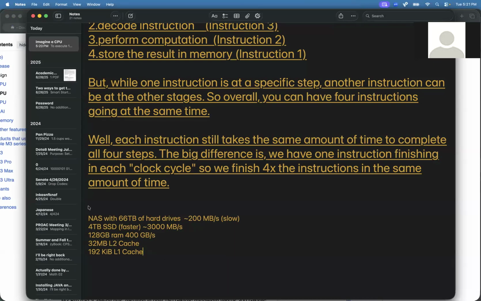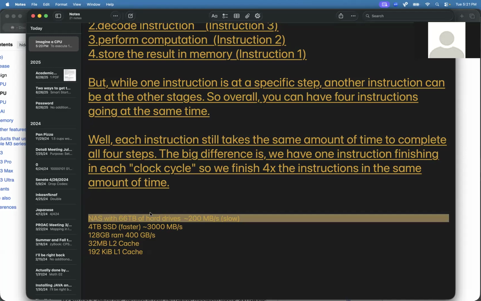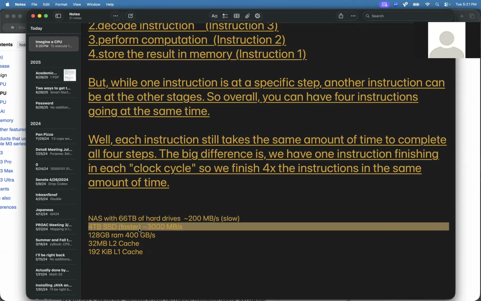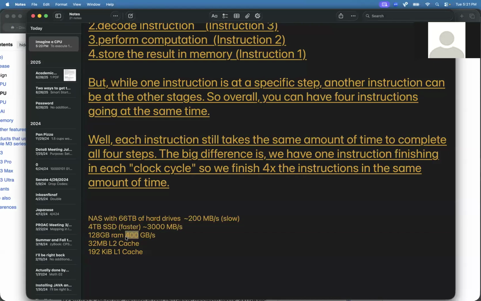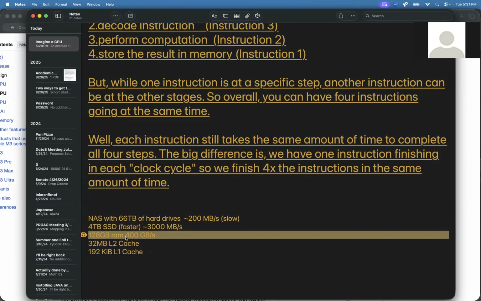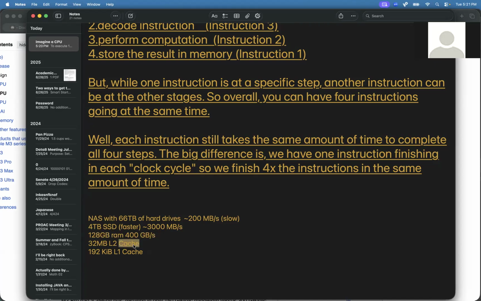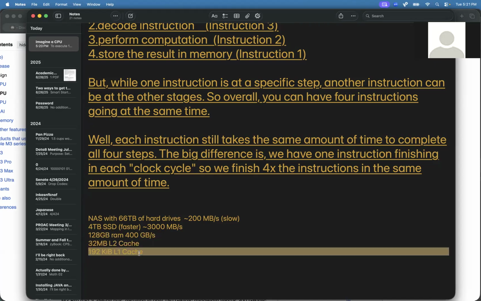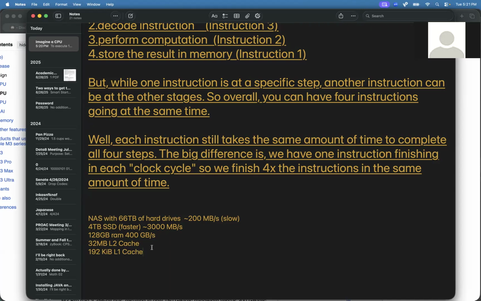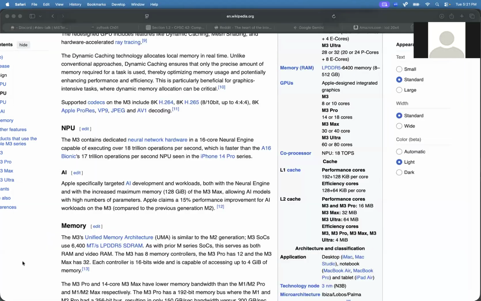The idea is that the biggest storage I have is the slowest, the next biggest storage is faster, and the next biggest is even faster. The L2 cache and L1 cache built into the CPU are much faster, although I don't have the numbers.